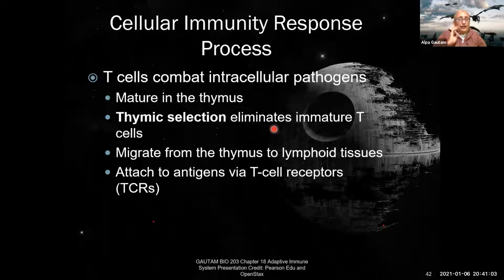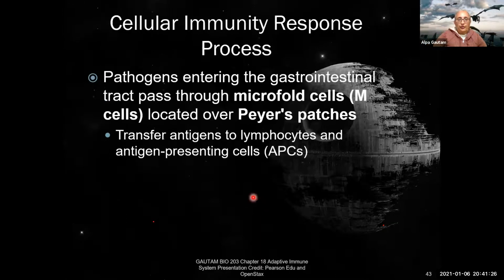T cells that bind to our self cells at all get eliminated via this thymic selection. What maturing in the thymus means is that the T cell expresses its T cell receptor, and then that T cell receptor is tested. If it binds to self cells, that T cell is gotten rid of.